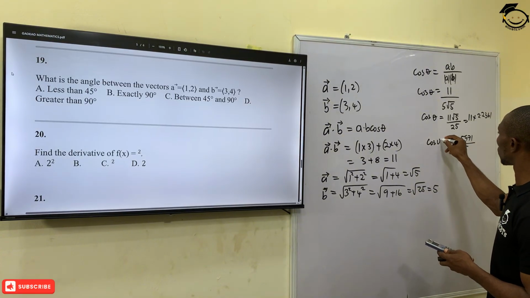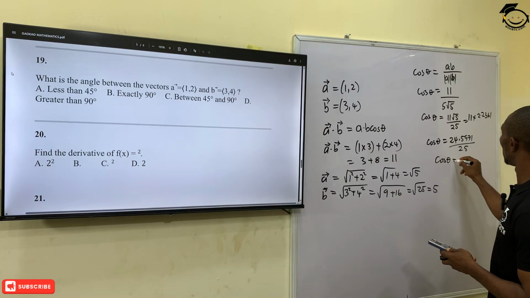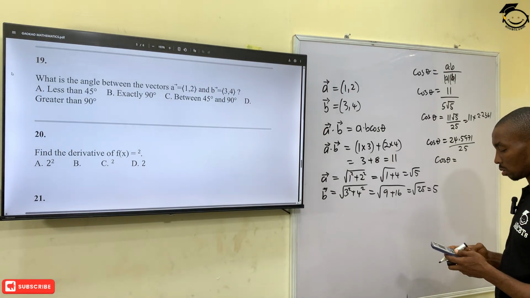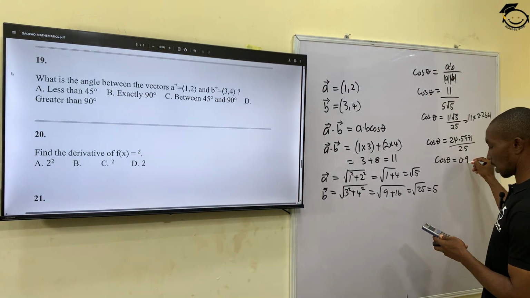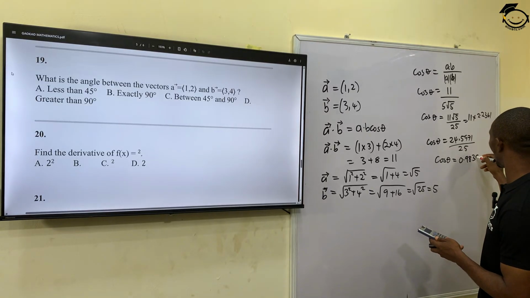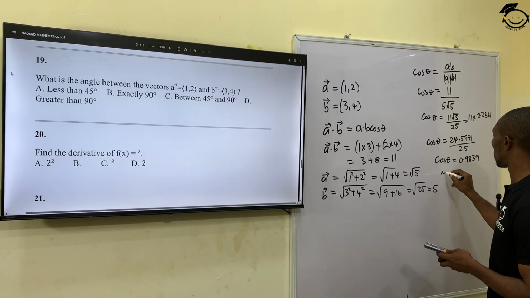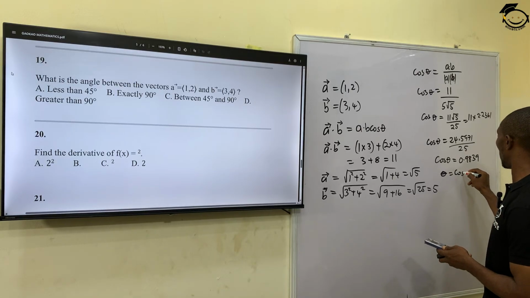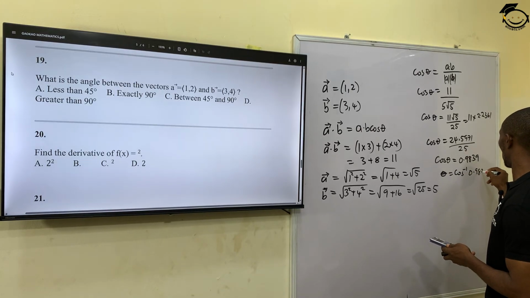So this becomes cos theta equals 0.9839.